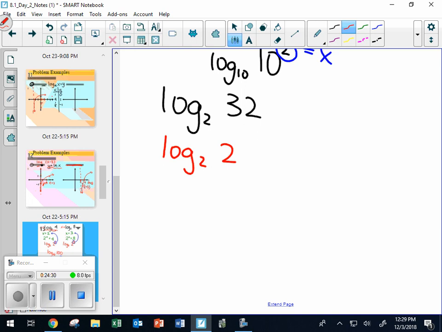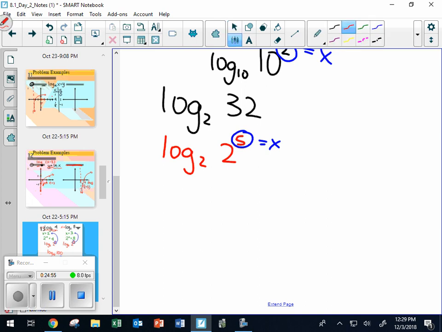Does anybody know? What do you think, Emil? 2 to the 5th power will get us to 32. Show of hands, who actually knew that off the top of their head? I don't. So this log base 2, where we can find a base of 2 and it goes to the 5th power, if you can do this, great, you found x.